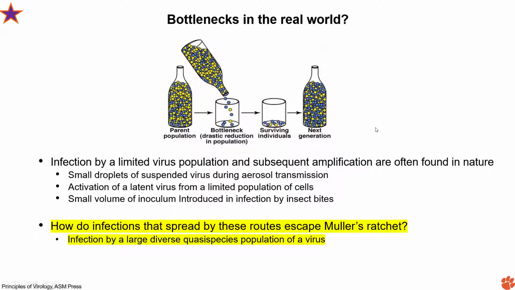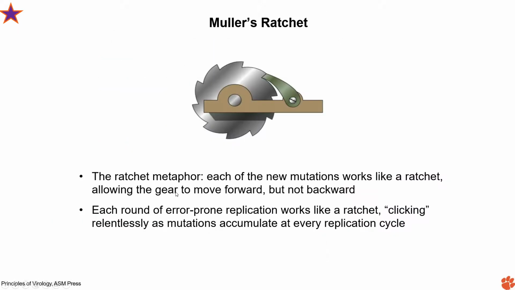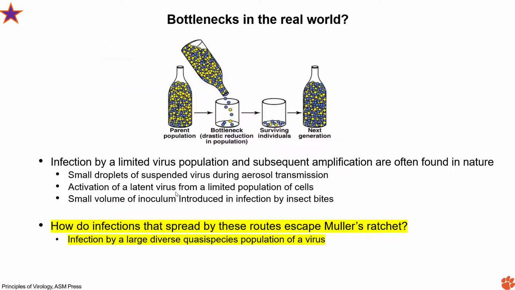All right, so some of the questions that we can ask is how viruses can escape Muller's ratchet, accumulating constant mutations, and how they escape. Remember how to escape the Muller's ratchet: infection by a large, diverse quasi-species population of the virus is the key, so that the virus remains basically fit.